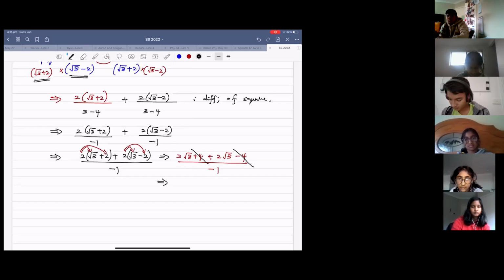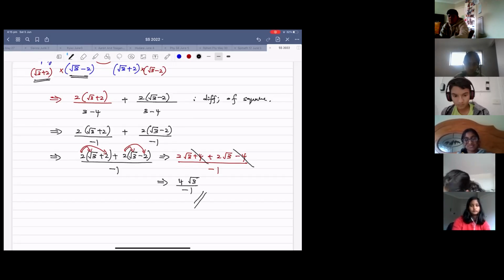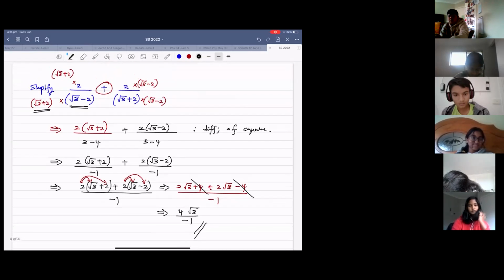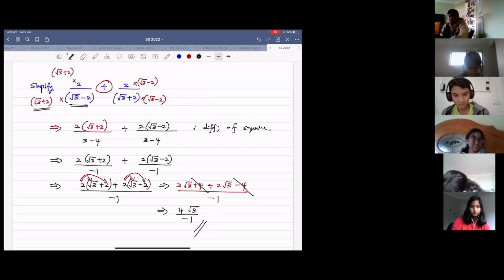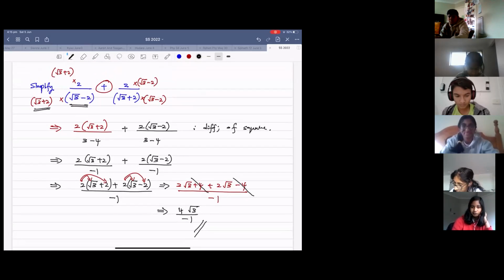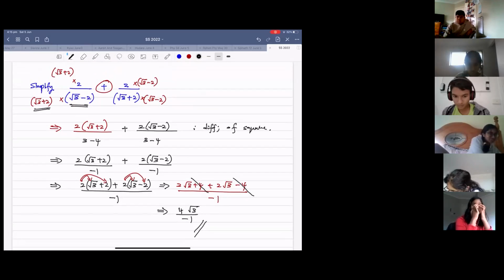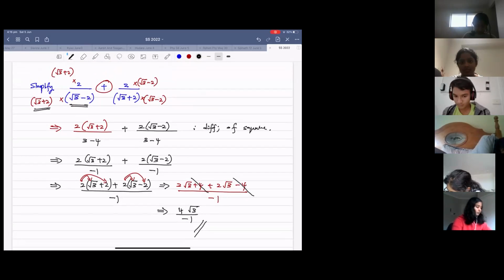Then 2 square root 3 plus 2 square root 3, 2 donkeys plus 2 donkeys, 4 donkeys, 4 square root 3, divided by minus 1. Yeah. So everything is applying what I taught you here.